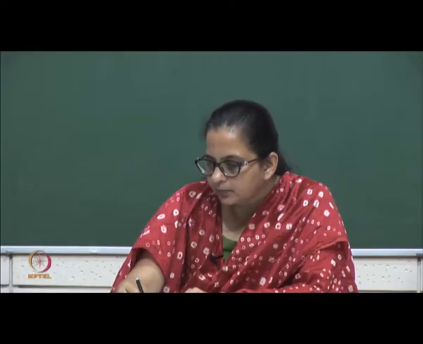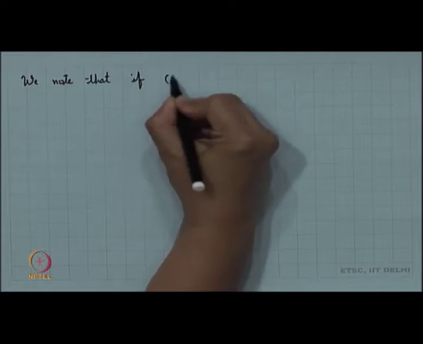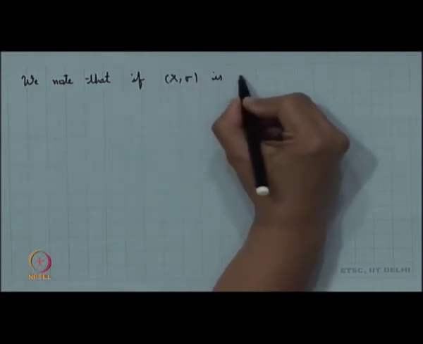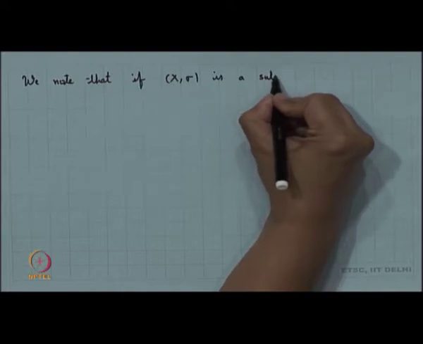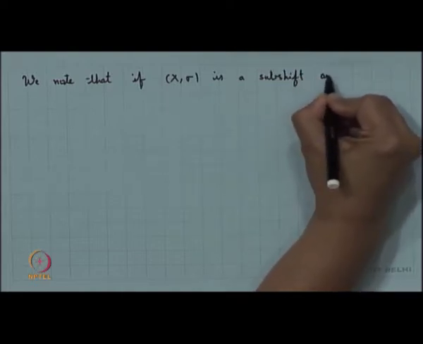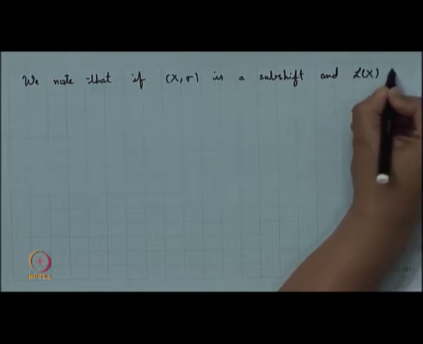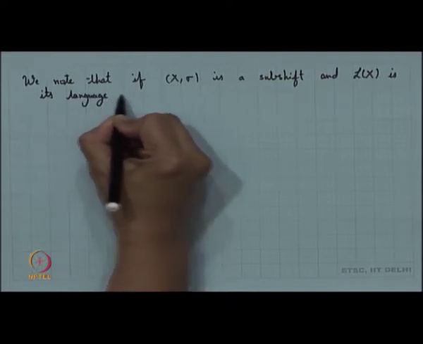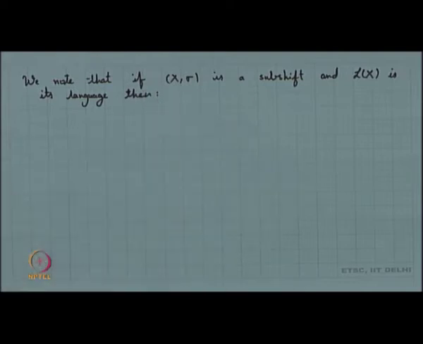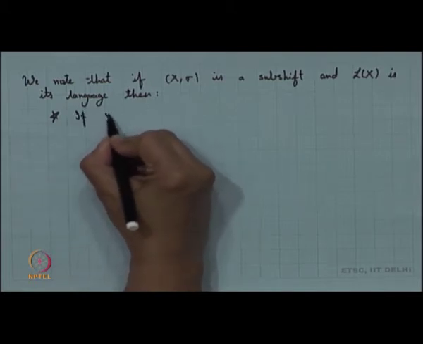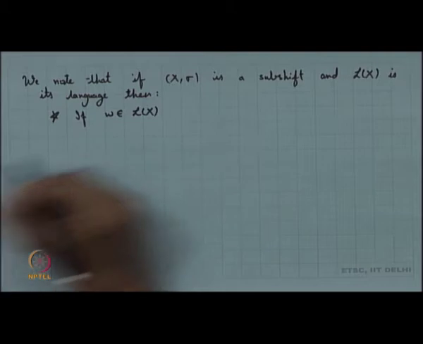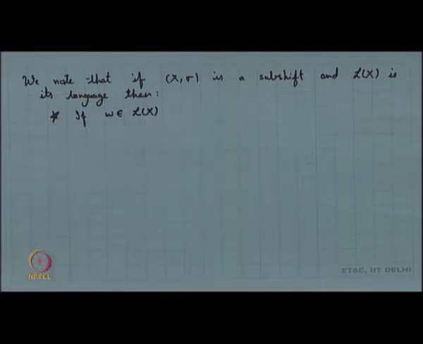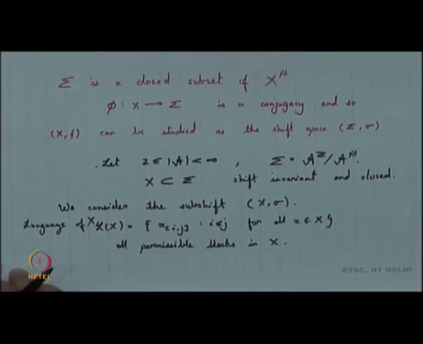So we note that if this is a subshift, and Lx is its language, then the first thing we can note here is that if W is in Lx, think of that, W is an element of Lx, and we have already seen that Lx is the set of all permissible blocks.